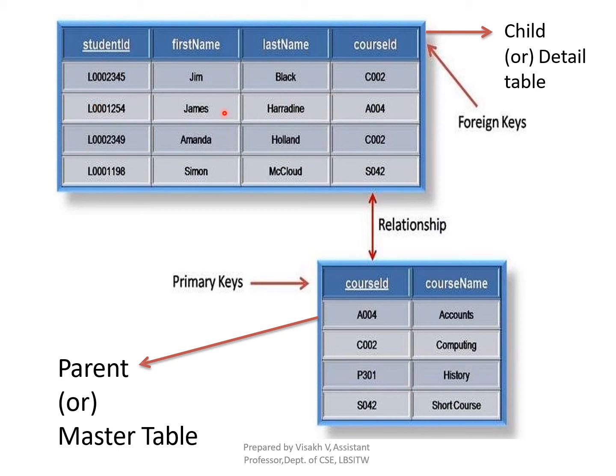For example, if we are seeking details for James Harradine, then we can easily find his student ID, his first name, last name, and various other fields in this table. So we can relate that a student of this roll number has taken the course number A004. This way, course ID is referred to in this table.